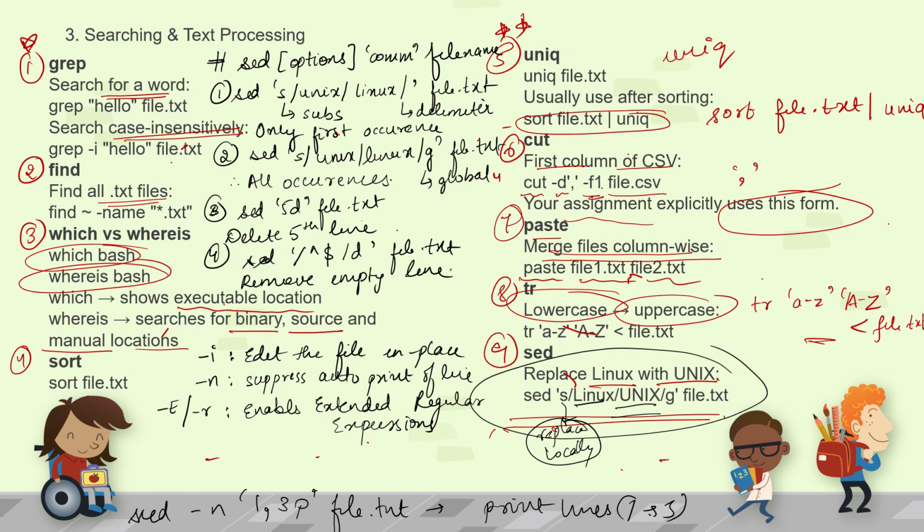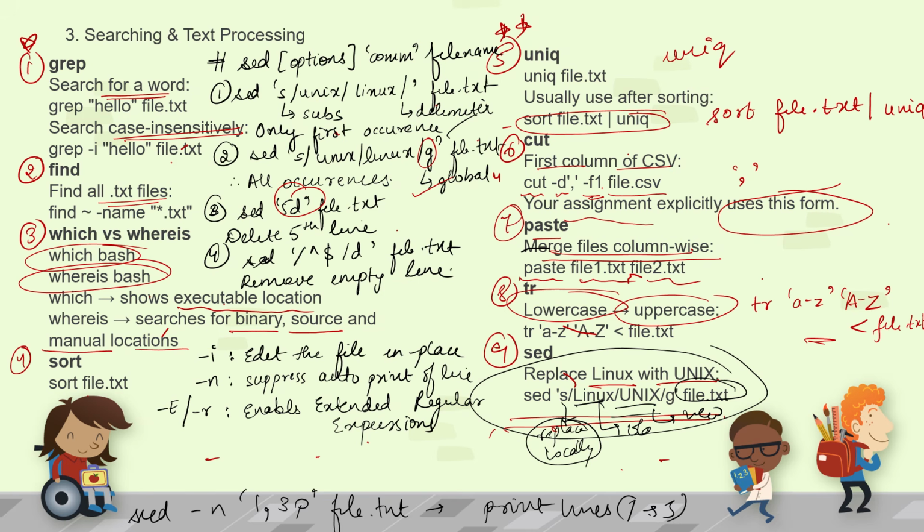Linux will be replaced by Unix: old word and new word in file.txt. Now see the first example. Here only first occurrence substitution occurred. Second one, all occurrences, due to the presence of your g, global tag.